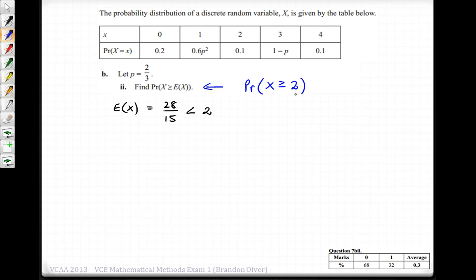And the probability that x is greater than or equal to 2 is just the probability that x equals 2 plus the probability that x equals 3 plus the probability that x equals 4. So there are the 3 possibilities that satisfy this.